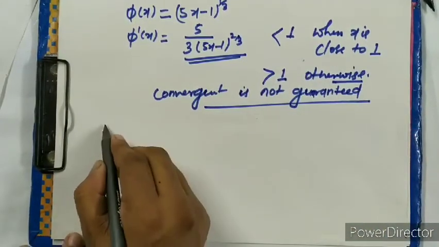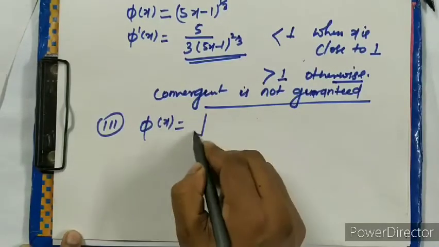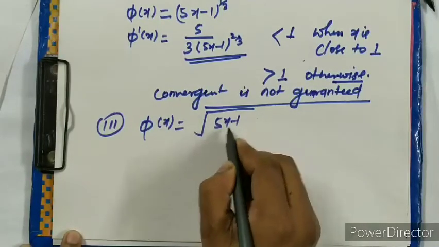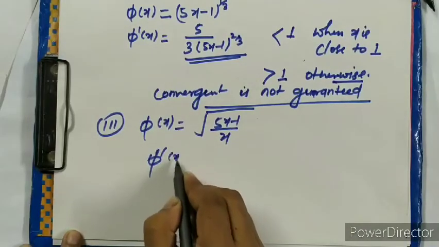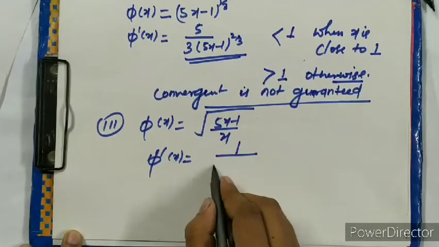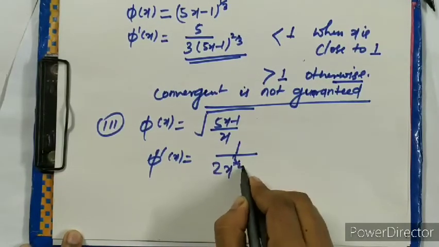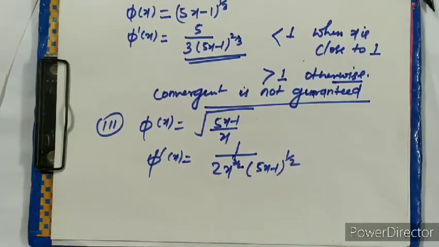In the same way, what is our third function? Phi of x is equal to this one, (5x minus 1) divided by x. What is its first derivative? This is 1 upon 2 x to the 3 by 2, (5x minus 1) to the 1 upon 2. Okay, is it clear?